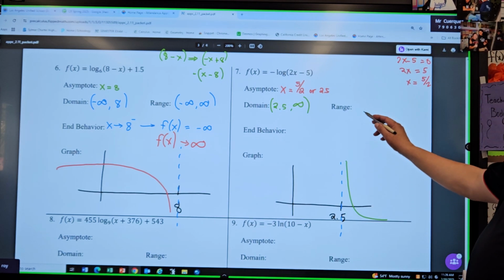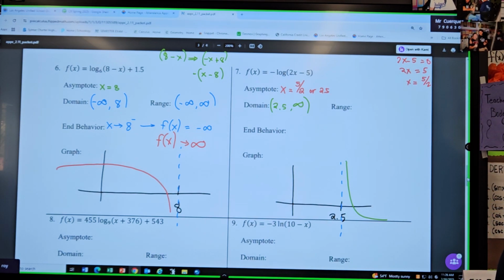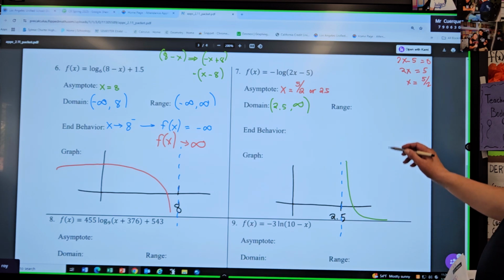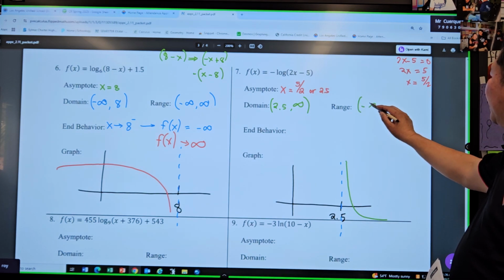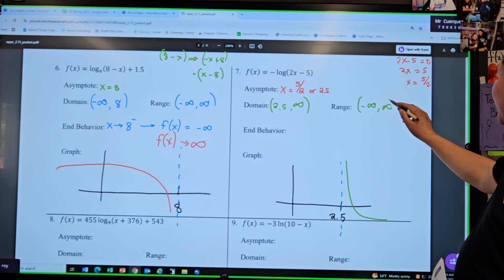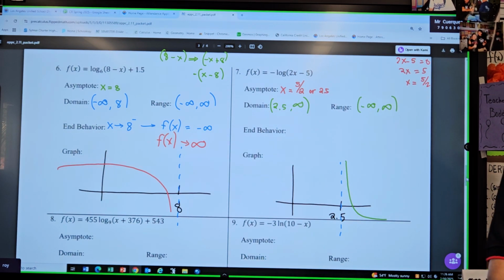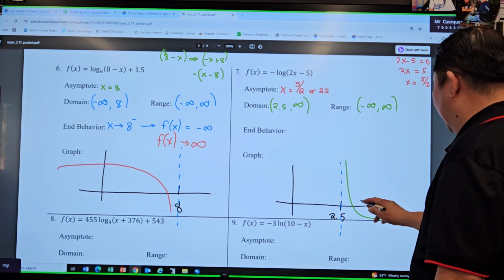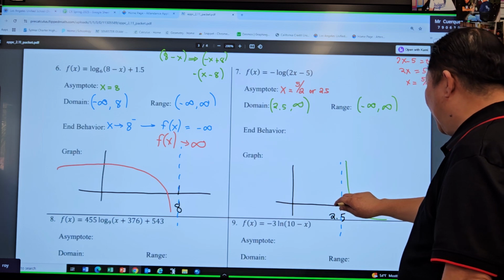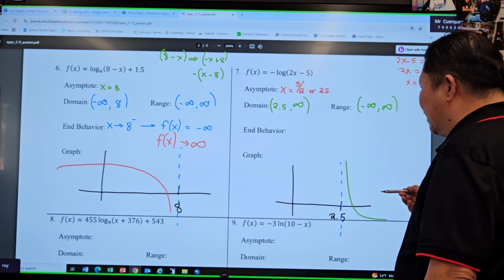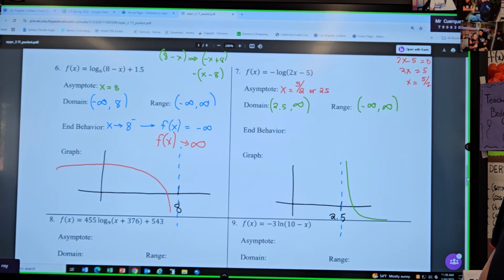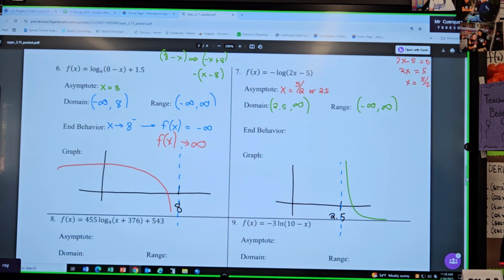How about the range? From bottom to top, we have negative infinity all the way to positive infinity. How about the end behavior? As x goes to positive infinity, and as x goes to negative infinity, what is that end behavior?